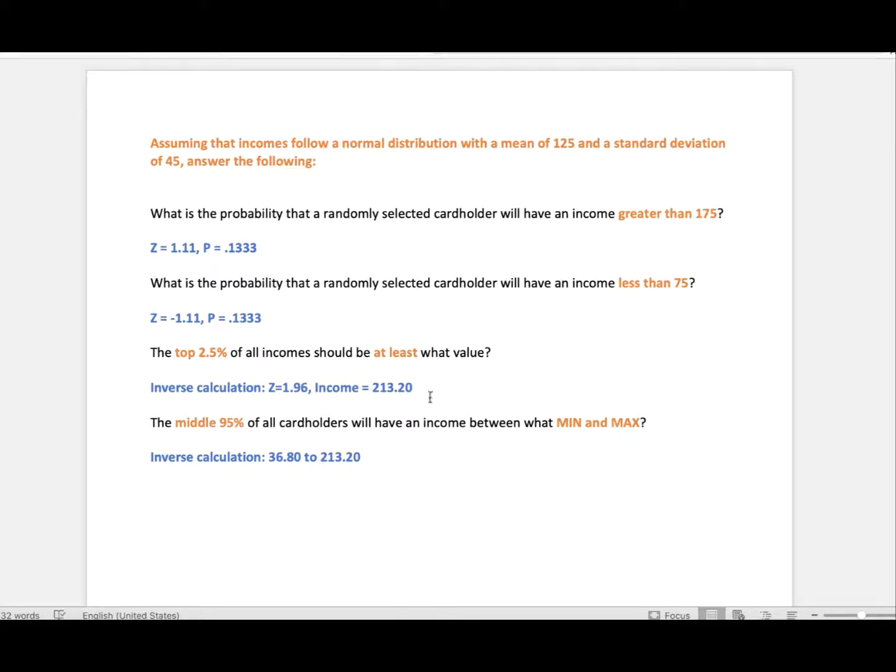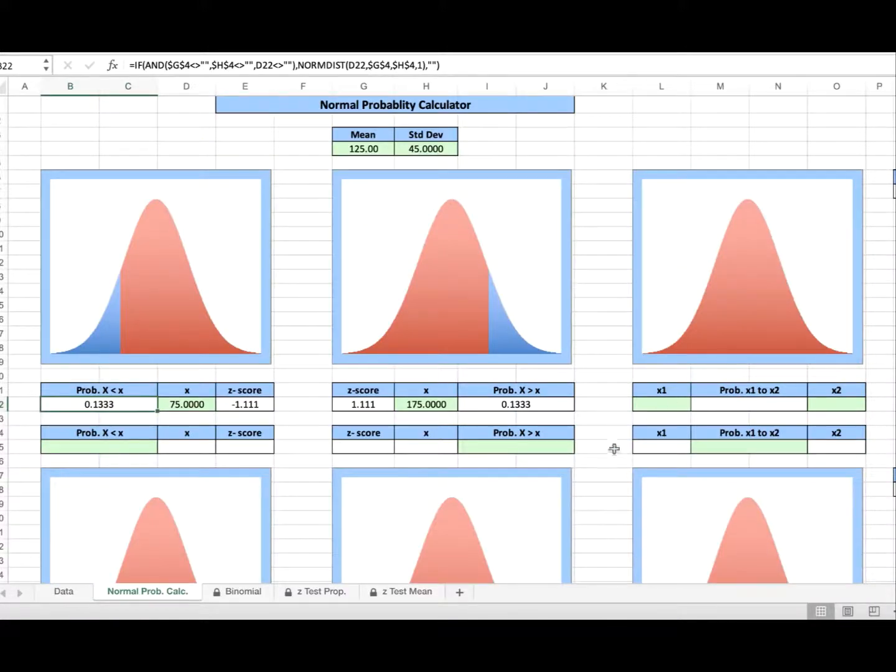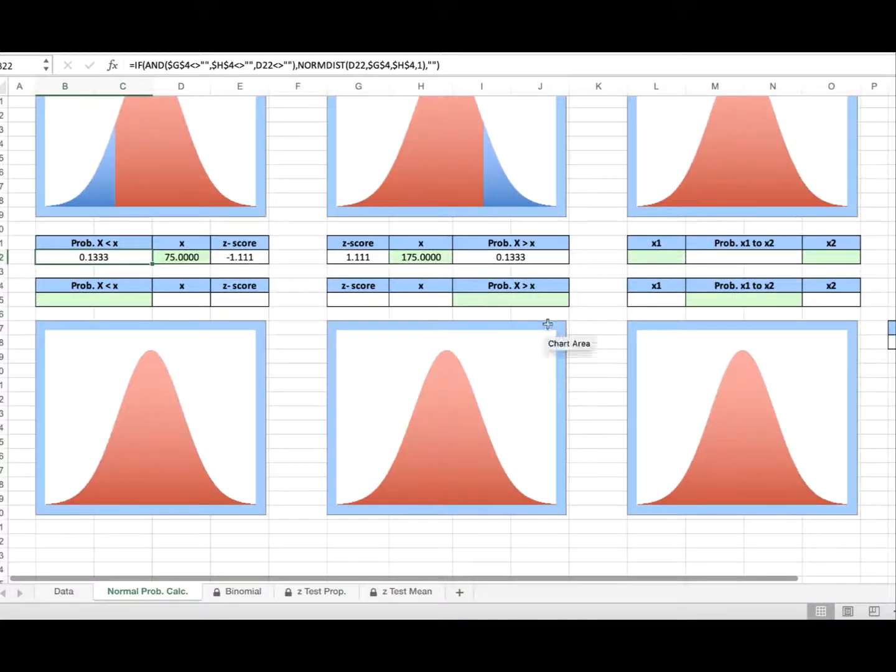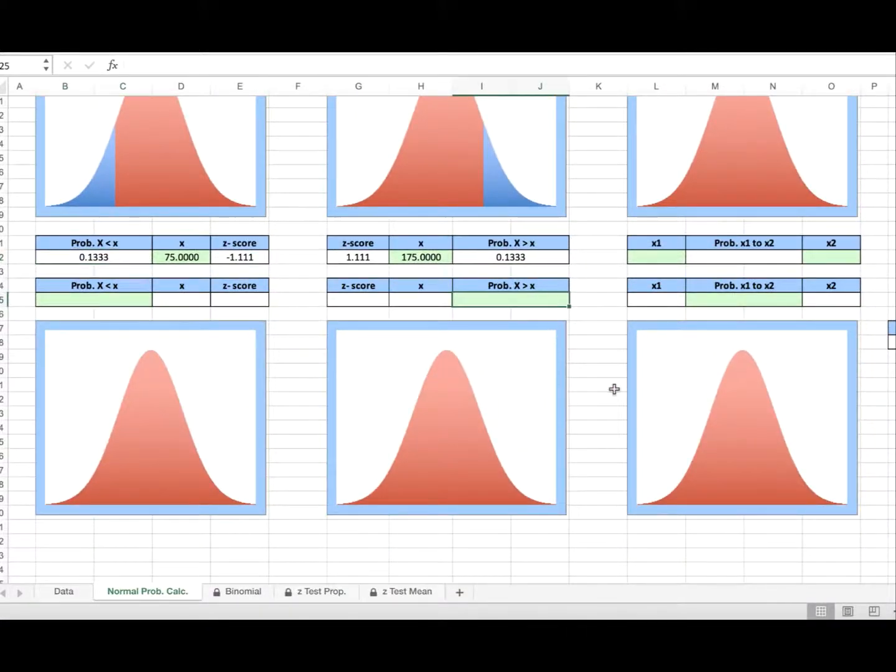Let's try it on the calculator. In our lower curves, we can input the upper tail probability of 0.025. We could see the z of 1.96 and the income value of 213.2 calculated for us.